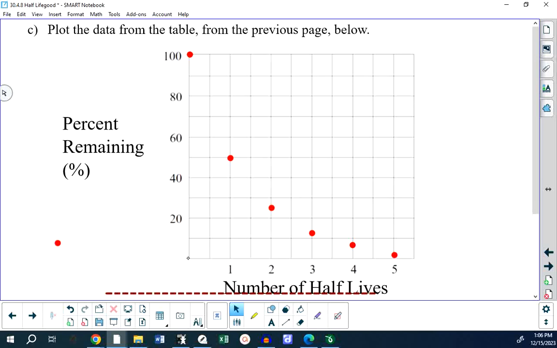But sooner or later, if you wait long enough, you'll be down to that 1 nucleus. And sooner or later, it will decay. So this is going to reach 0. What the graph looks like is the following. Do your best to draw a curve. I'm not great at drawing curves on vertical surfaces. That's not bad. So it looks something like that.